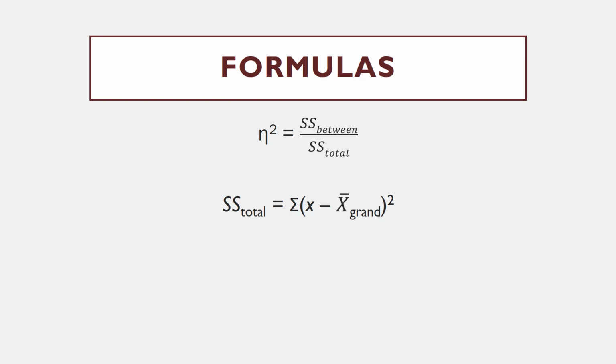So basically this gives us the proportion of variability that is due to between group differences divided by the total variability, the variability of the individual around the grand mean. So the sum of squares total is going to be equal to the individual score minus the grand mean, and then you're going to square that deviation.